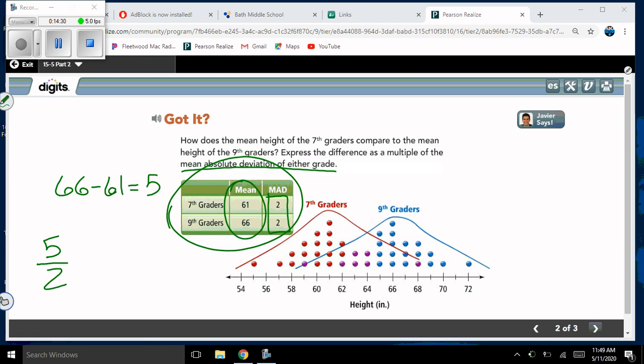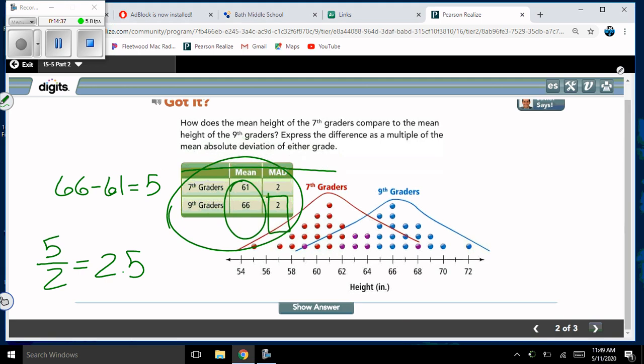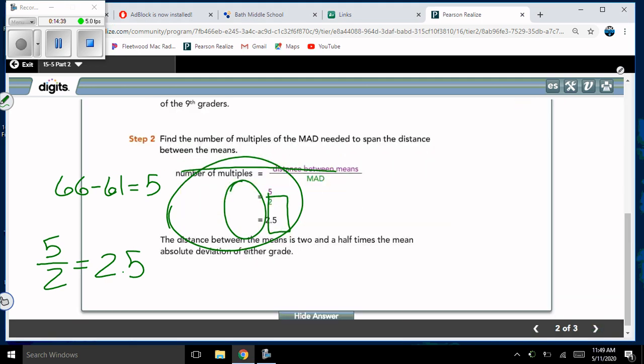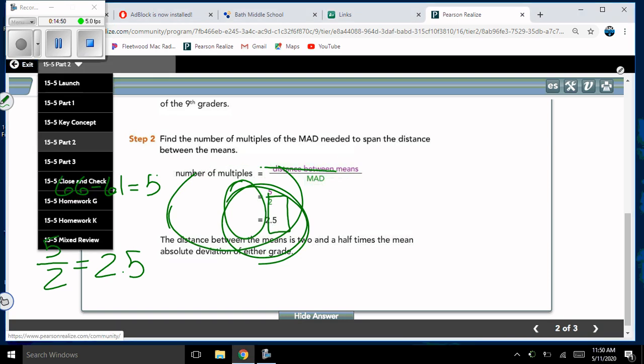In order for this to work, that's what it has to be. So the final answer is going to be 2.5. You can see here when I hit show answer, right here it's mine, 2.5. All right, let's move on to my last piece here.